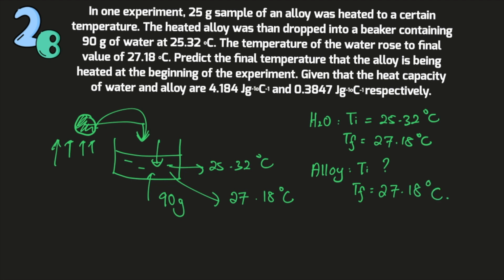So in this system you have the water and also the alloy. Remember the first law of thermodynamics: the total should be constant, so it is equivalent to 0. From here, we can start to do the calculation.